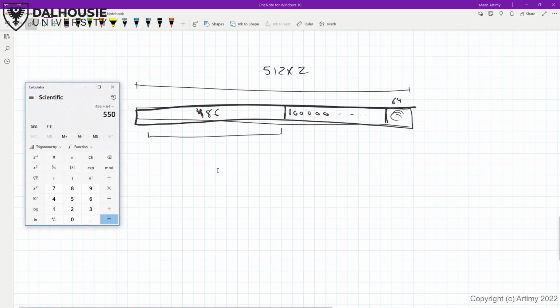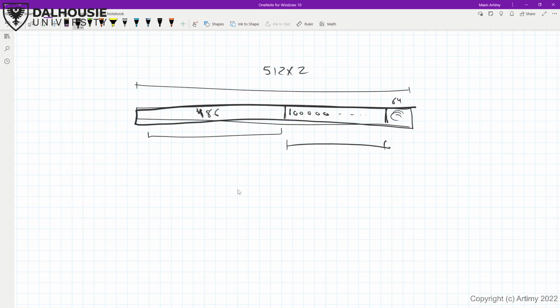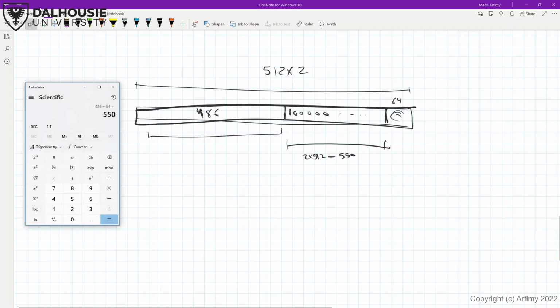This is an unintentional mistake, but it serves the purpose of illustrating how I want to make sure that it's a multiple of 512. So now 550, right? The length here has to be 2 times 512 minus 550 to make sure that the whole message is exactly 2 blocks of 512.